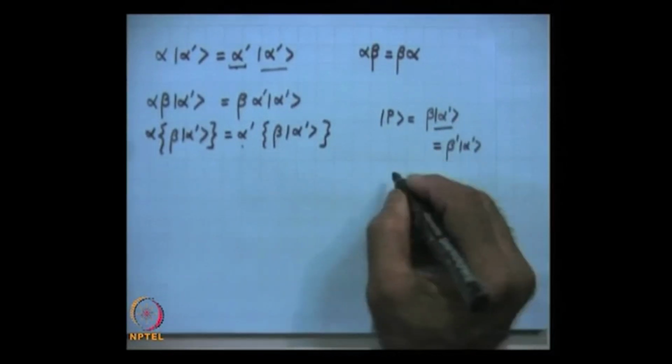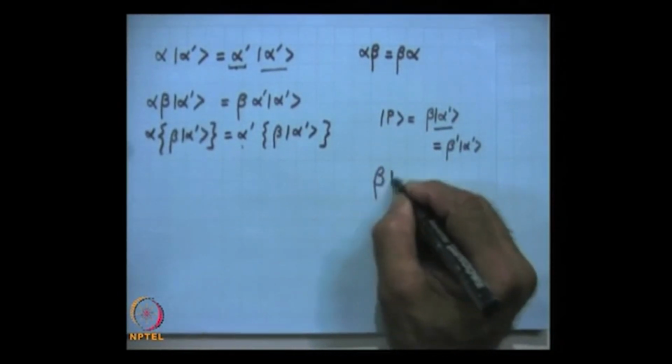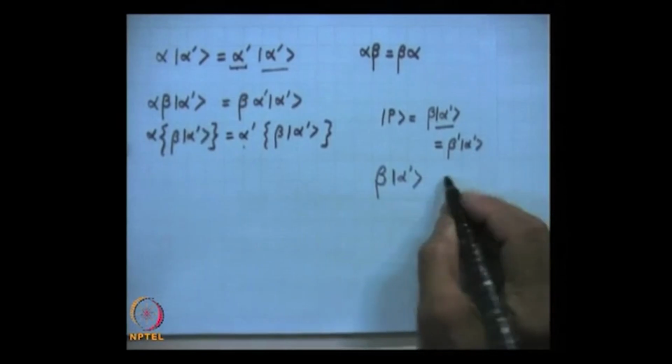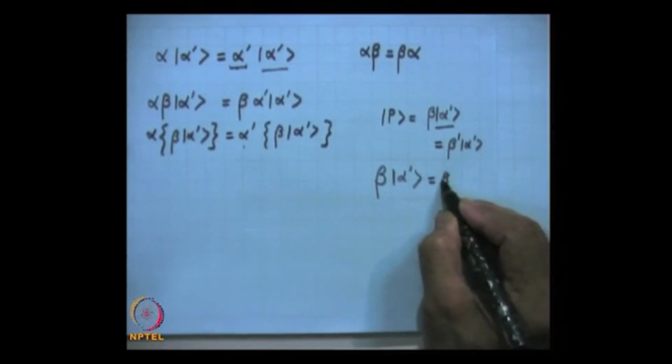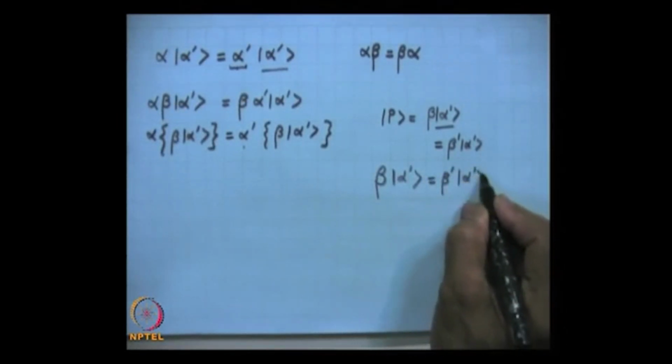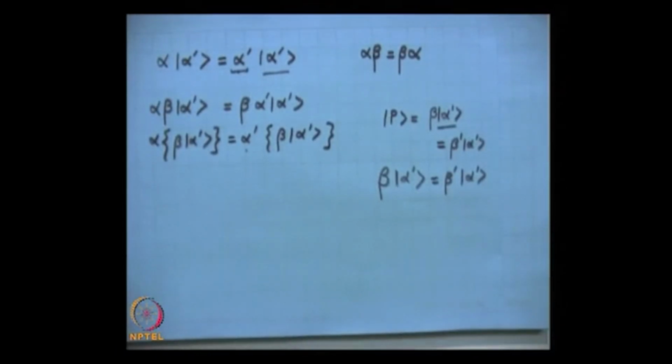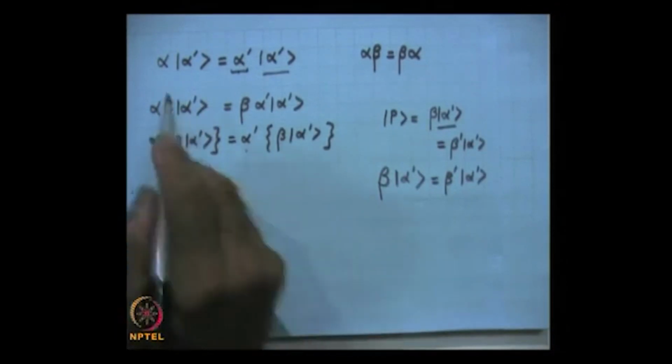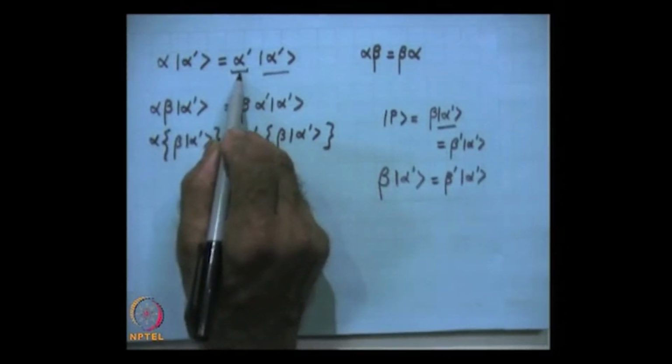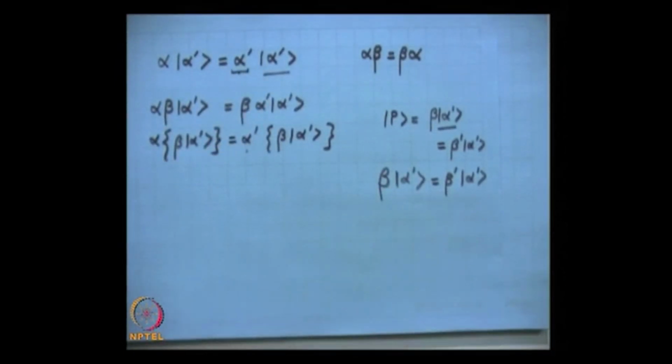So, beta ket alpha prime is equal to beta prime ket alpha prime, and therefore ket alpha prime is a simultaneous eigenket of the operators alpha and beta. For alpha, it belongs to the eigenvalue alpha prime, and for beta, it belongs to the eigenvalue beta prime.